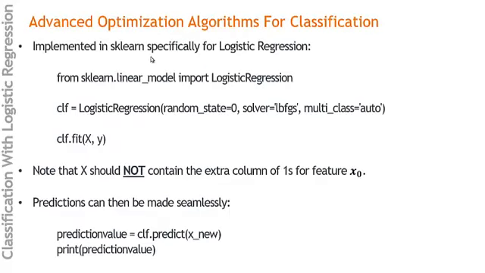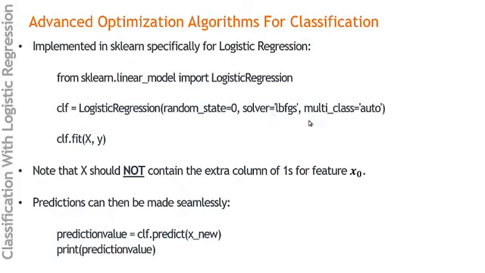Now there is a specific implementation of logistic regression in sklearn. So here's a code example for how you would use that. You import the logistic regression function. Now this command creates a logistic regression classifier called clf with these various options.